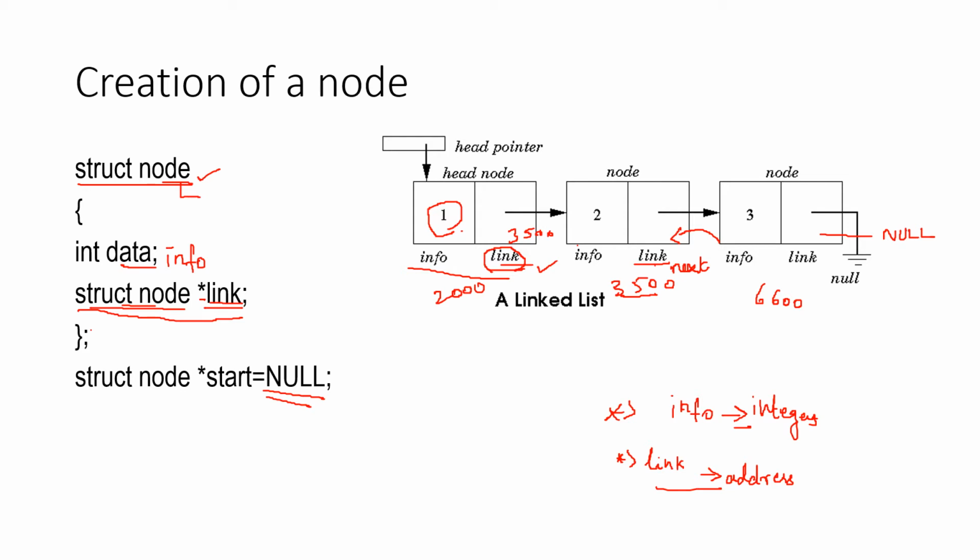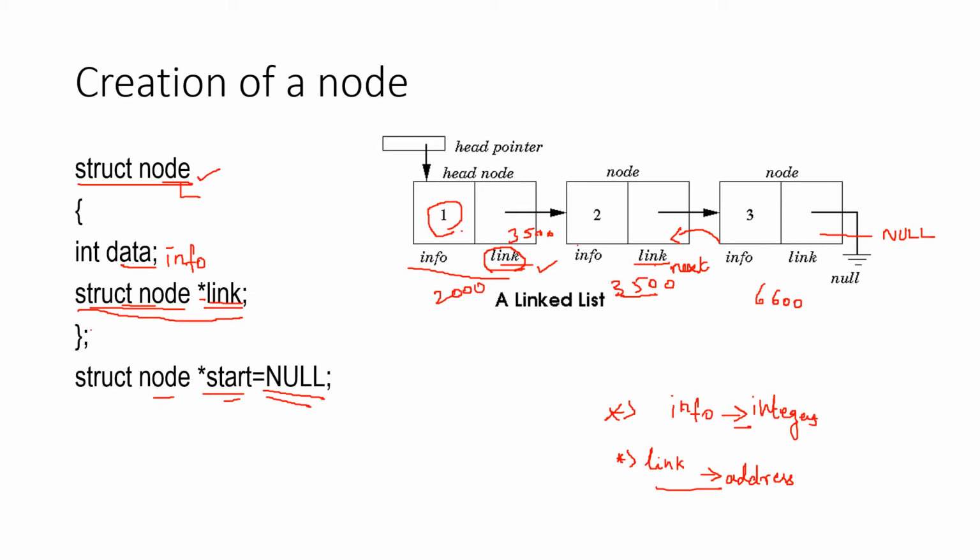Initially I'm creating one object for my structure node and initially I'm assigning it as NULL, in order to avoid garbage values. Initially, if the linked list is empty, definitely the start would be NULL.